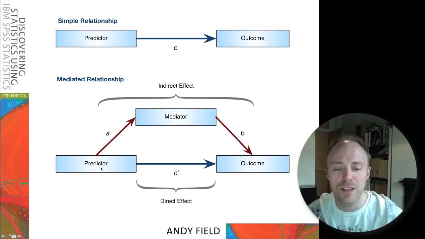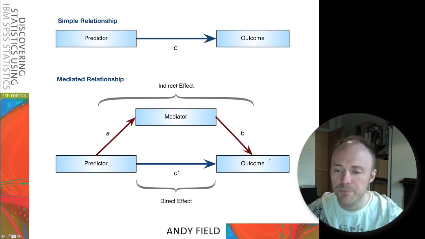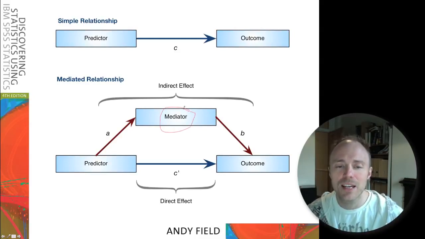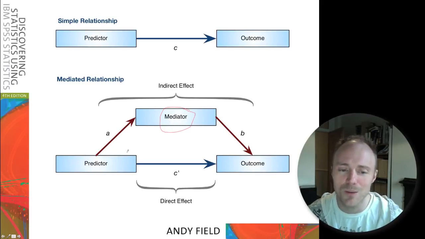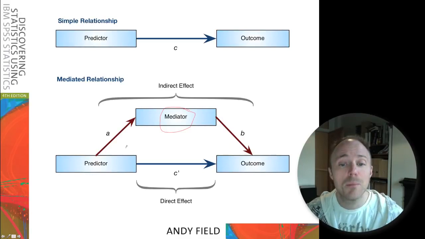So we have our predictor, pornography consumption, and it's predicting some kind of outcome, which is infidelity. And what we're suggesting is that there's some factor that's related to both of them that explains this relationship in some way. In their study, what they predicted was relationship commitment.